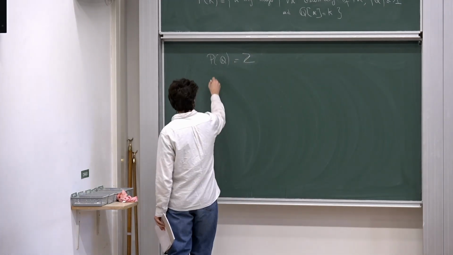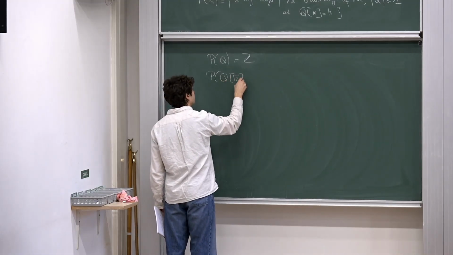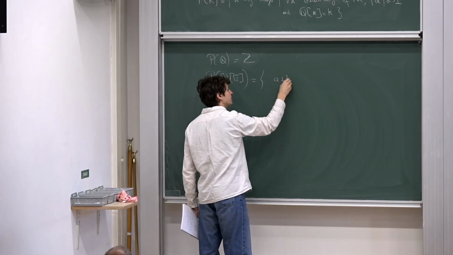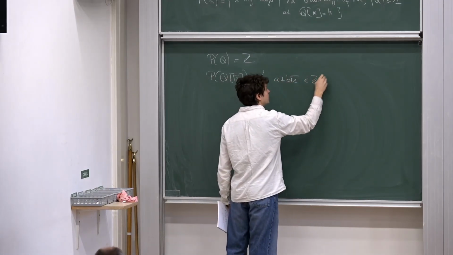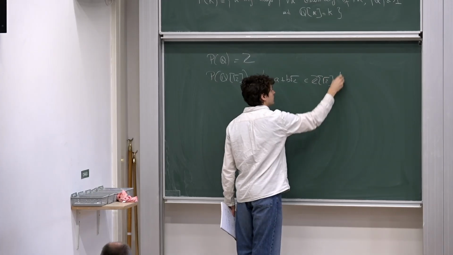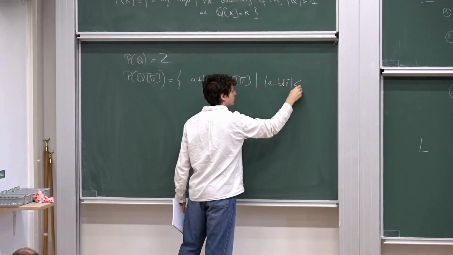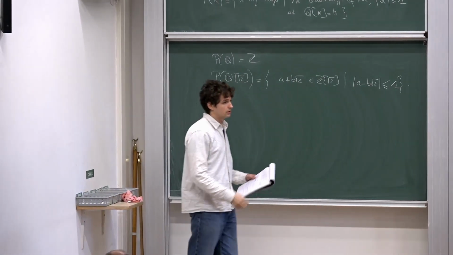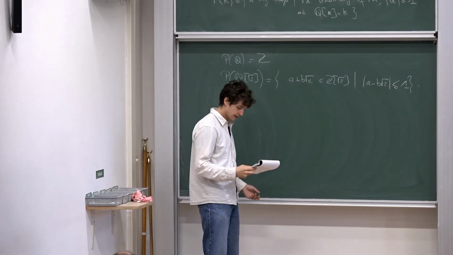The Pisot numbers of Q square root of 2 are all these A plus B square root of 2 with A and B integers such that A minus B square root of 2 is smaller than 1. Okay? And B is non-zero, I guess.